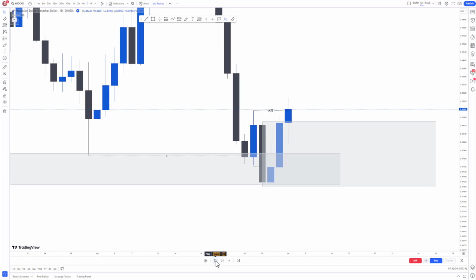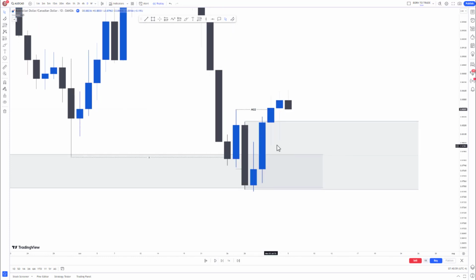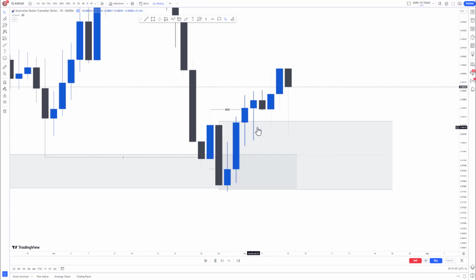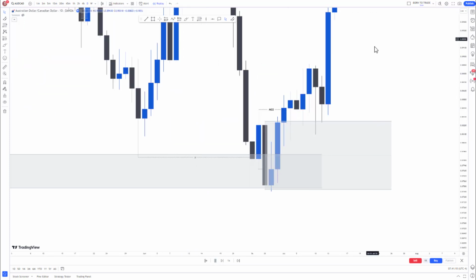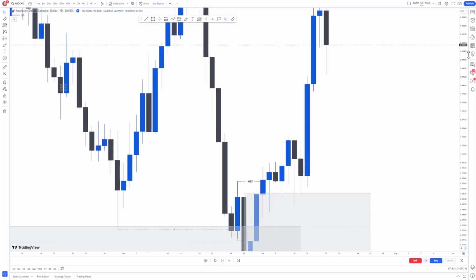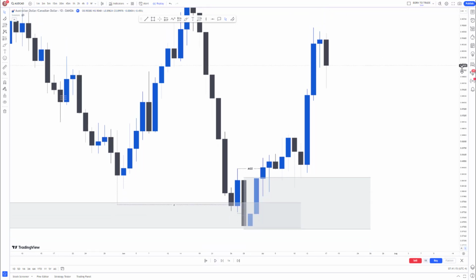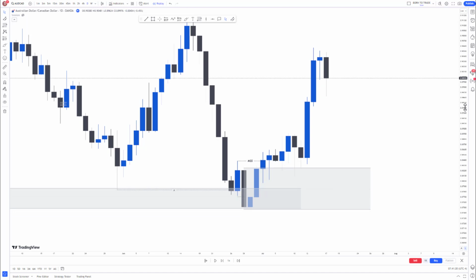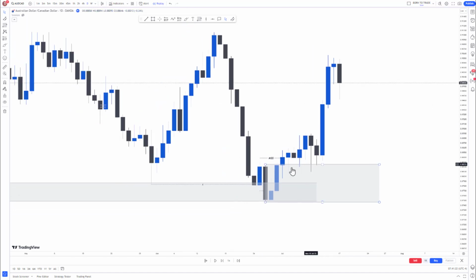Now playing price forward, you see the next candle taps into our daily order block. Now let's see how it goes, and you see price starts to move away after it tapped into this zone multiple times. I hope you can see that, and you see how price moved away from that area.